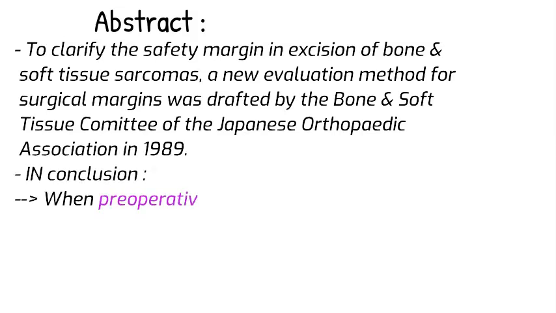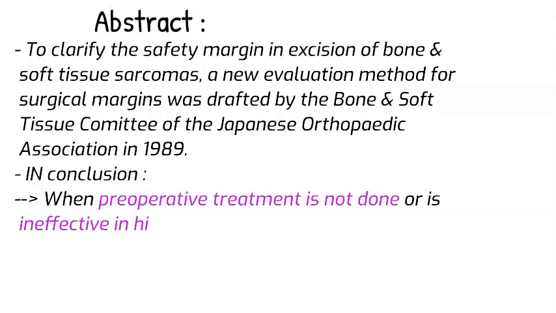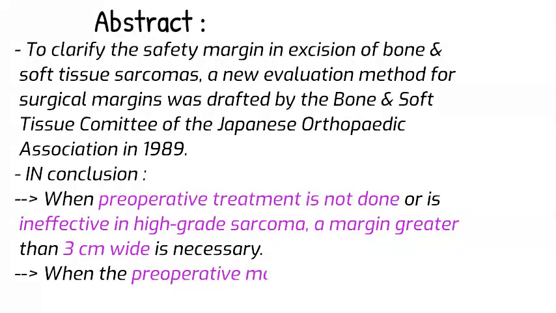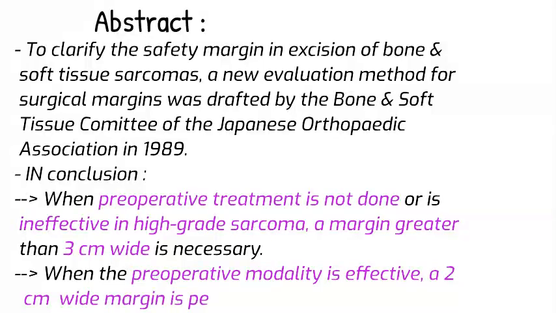In conclusion, when preoperative treatment is not done or is ineffective in high-grade sarcoma, a margin greater than 3 cm wide is necessary. When the preoperative modality is effective, a 2 cm wide margin is permissible.